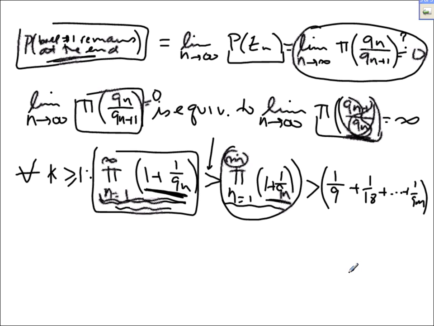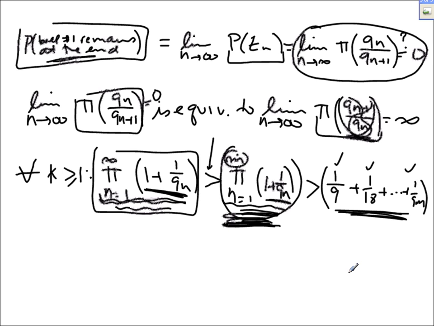Actually FOIL it out and only keep those and throw everything else away. That's why this is bigger. This only has some of the products over here. But very importantly, all those terms are positive. So what you're throwing away, what you're not including here, are positive things. Well, since you include them over here, this side is going to be larger.